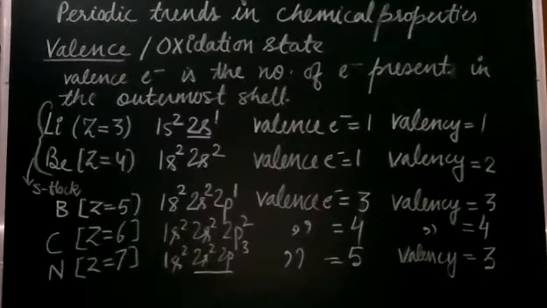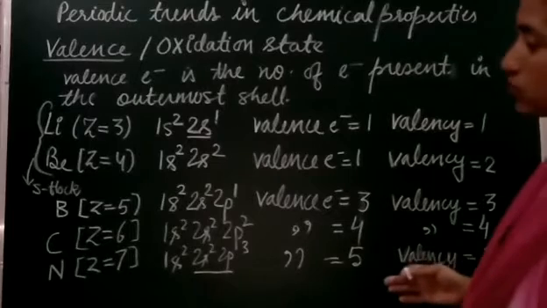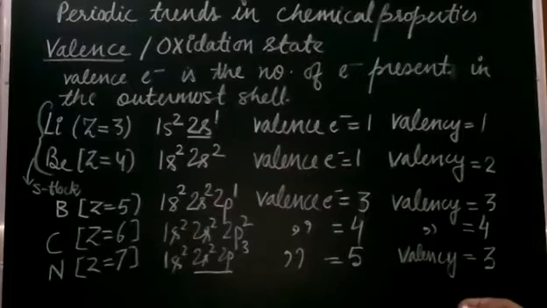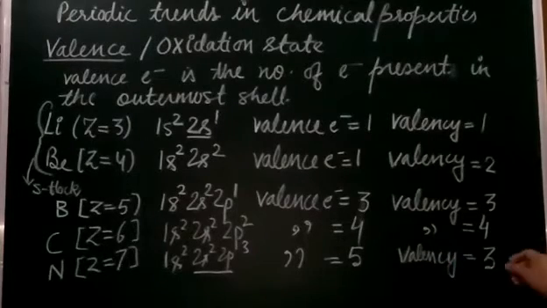But in the higher members of the nitrogen group, that means belonging to the group of nitrogen, like phosphorus, arsenic, they in their compounds also show the valence of 5. They can extend their valency.